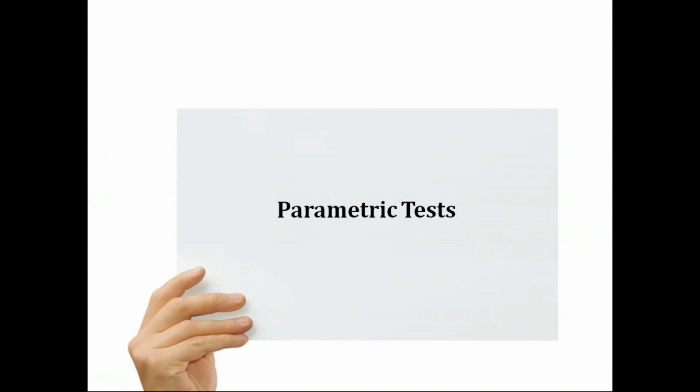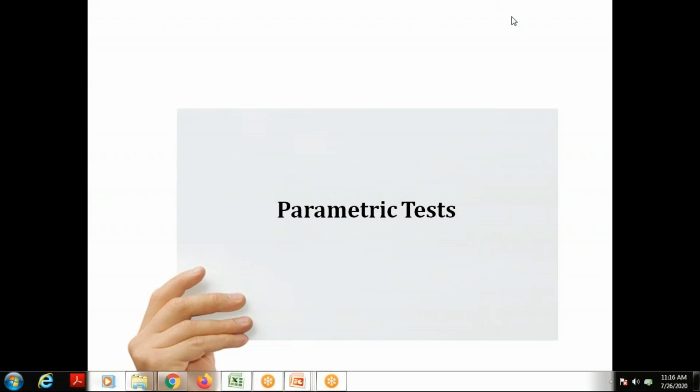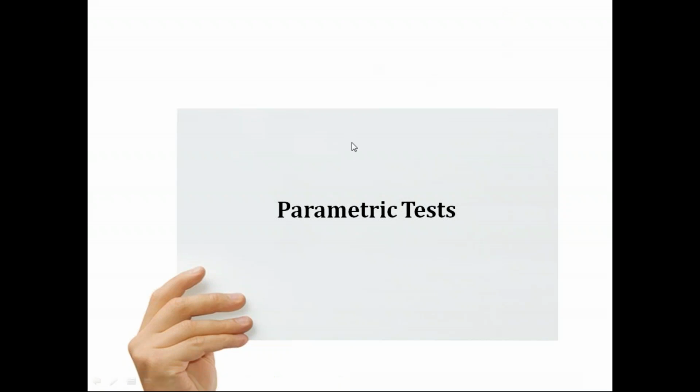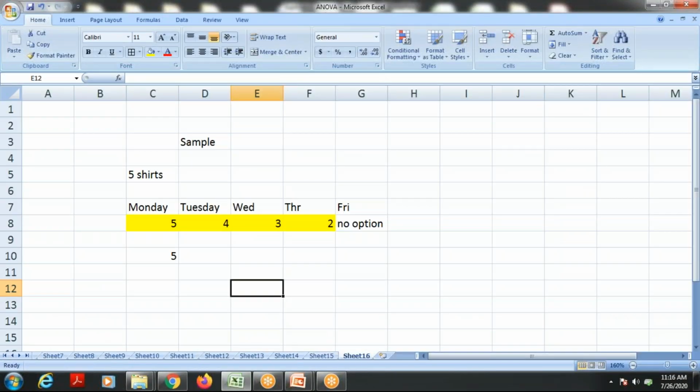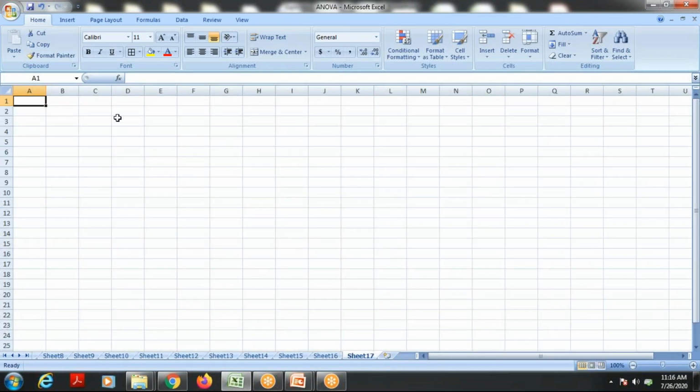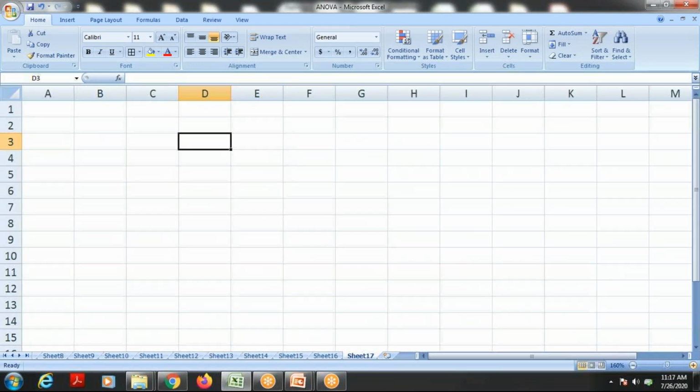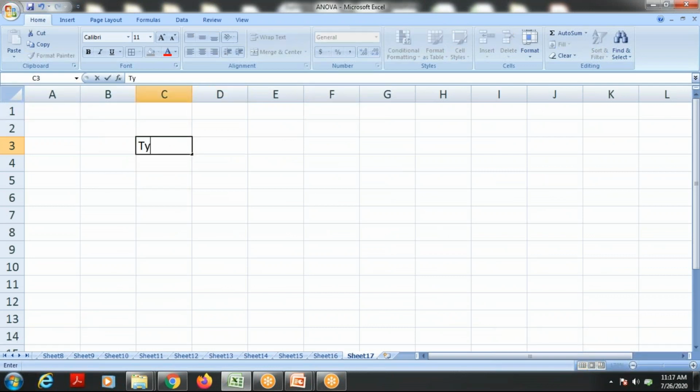Now we are moving to something called the parametric test. As the name suggests, parametric has a certain meaning. First of all, what is parametric? That I need to explain. In statistics, there are two types of distribution.